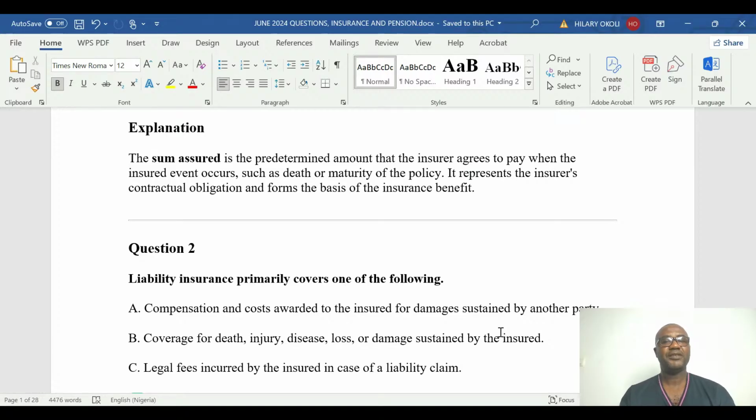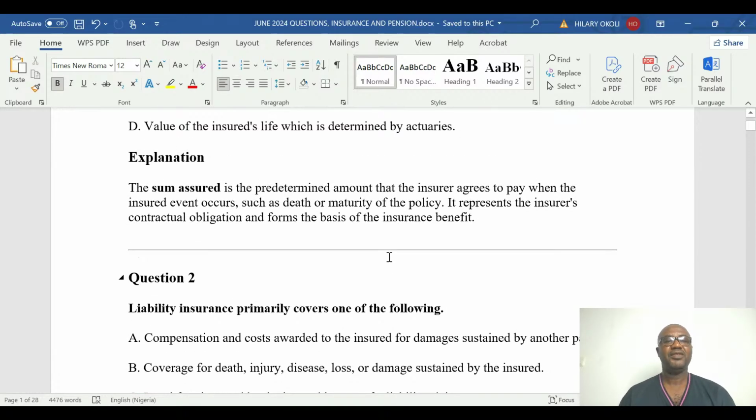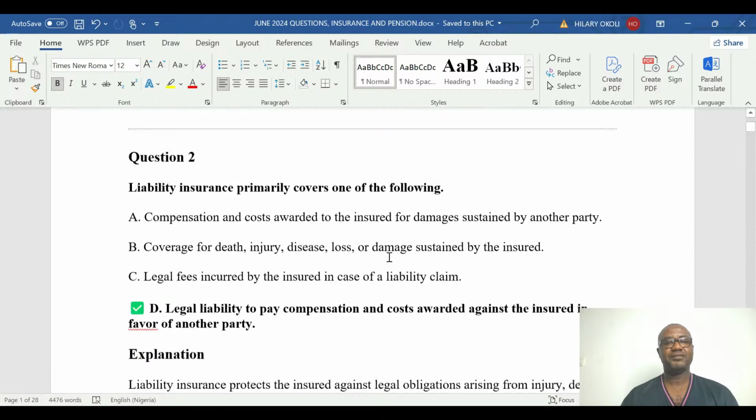The sum assured represents the insurer's contractual obligation and forms the basis of the insurance benefit. So this is what sum assured means.